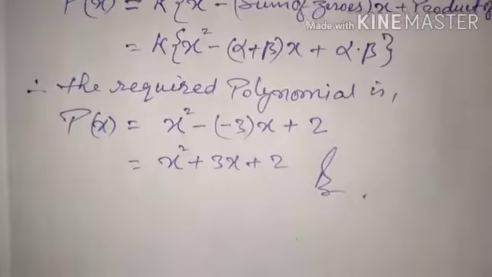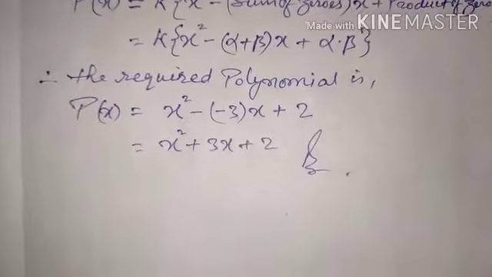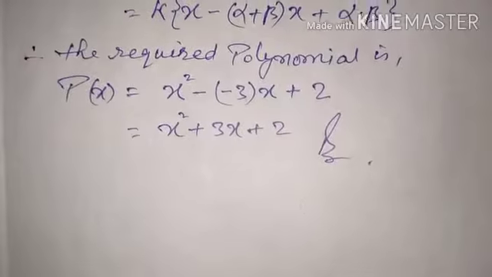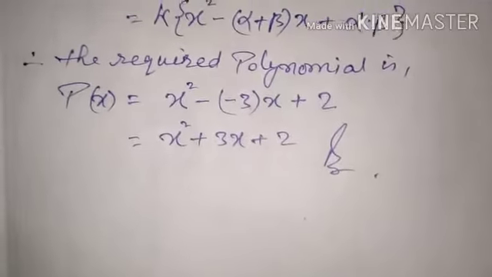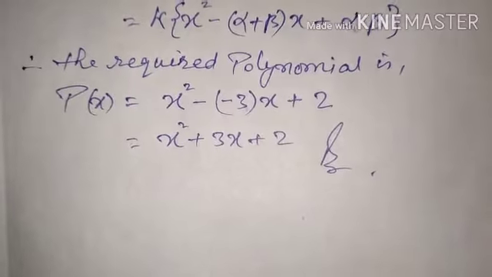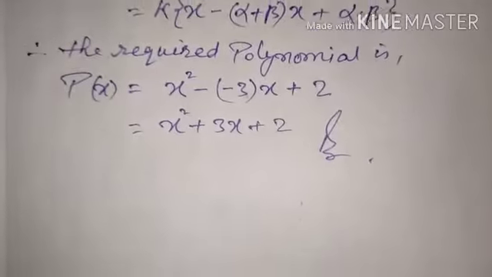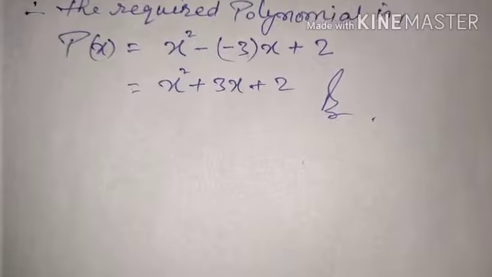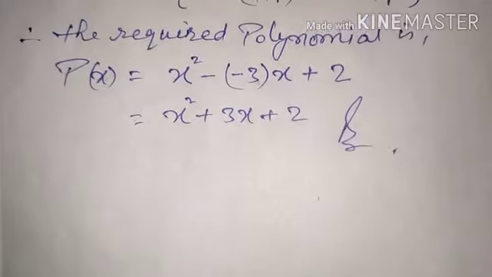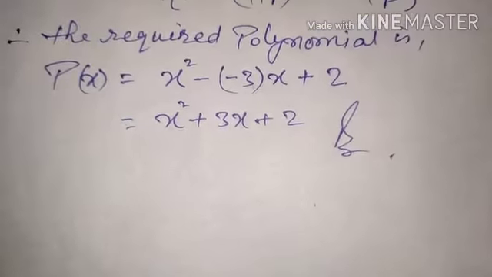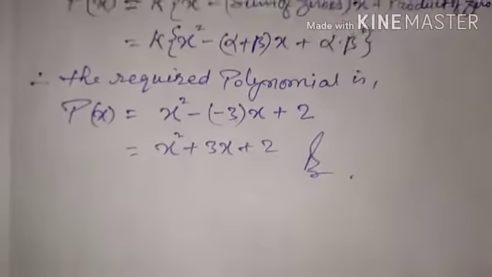In some more problems you will see the role of k, but here the role of k is not coming. So we are taking directly x square minus, and in place of alpha plus beta we substitute minus 3, and in place of alpha into beta we place 2, and then calculate it, and we get our required polynomial, that is x square plus 3x plus 2.